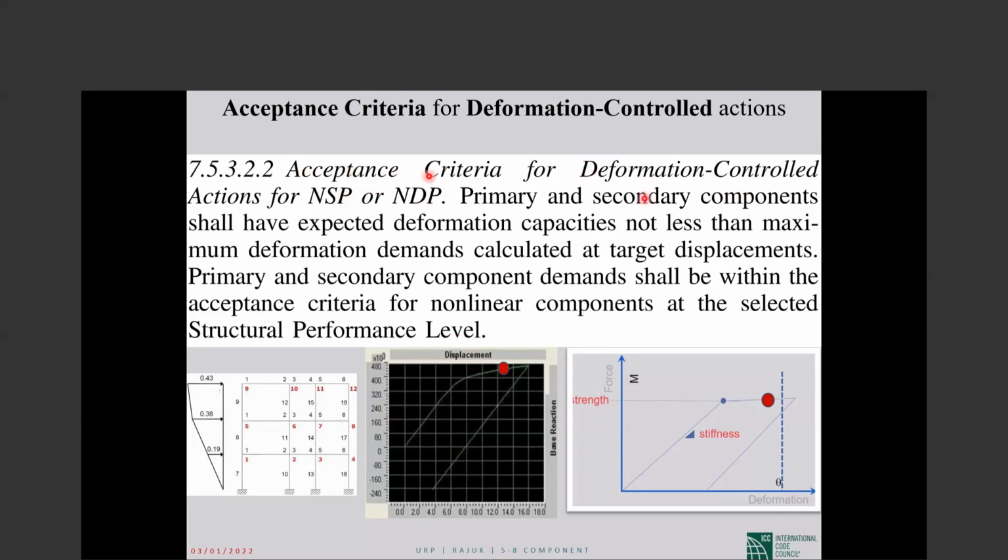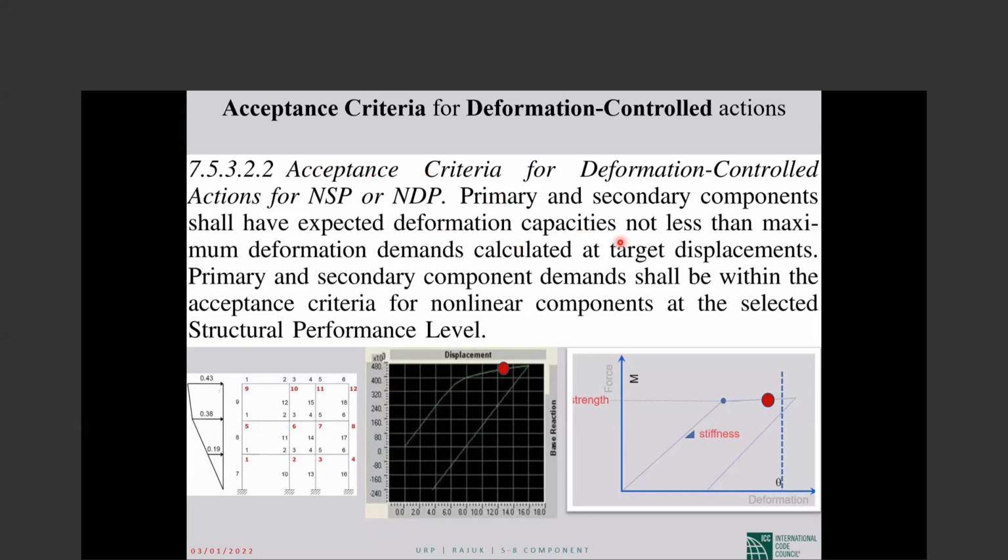It says the primary are the ones that carry the lateral load. Secondary, those that just carry gravity, have their own acceptance criteria. And for the deformation control ones, it is the deformation capacity. It's not load capacity.